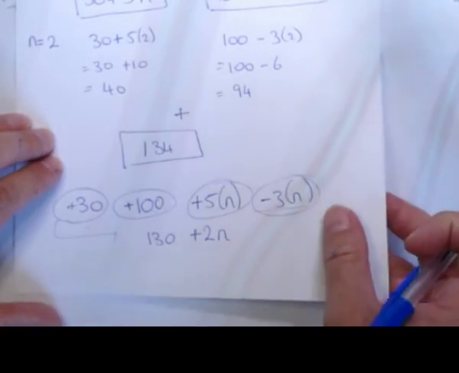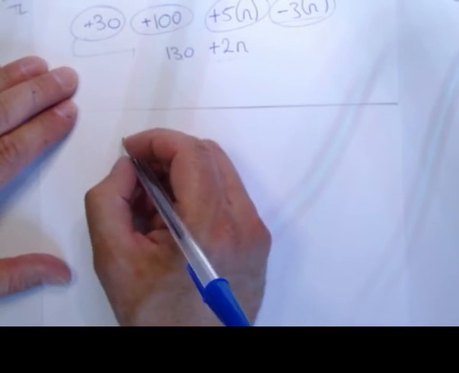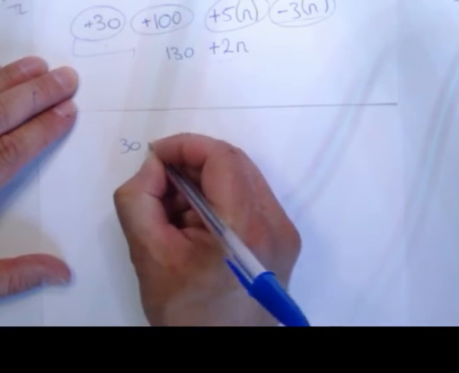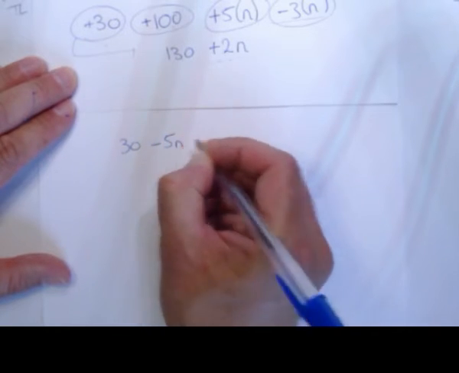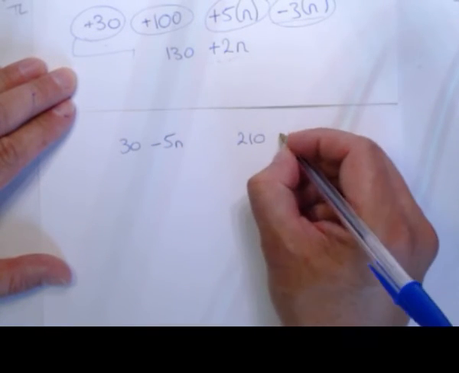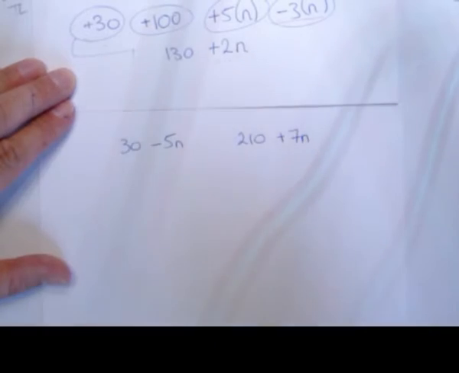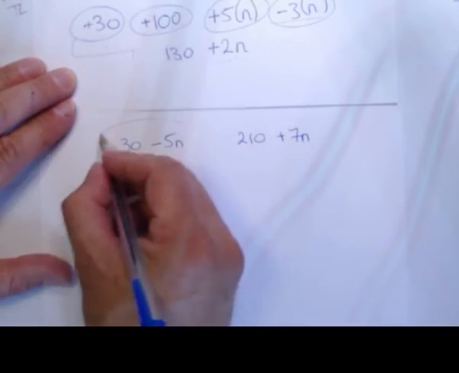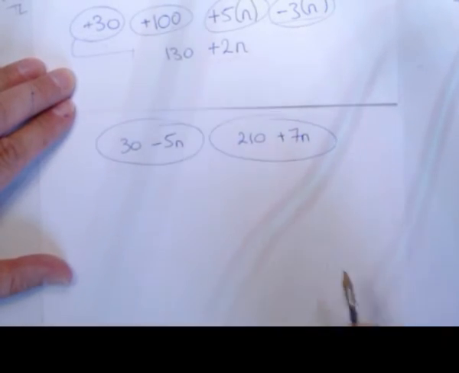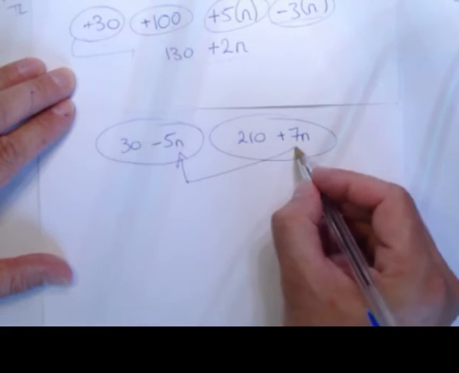Okay, so what we're going to be practicing is just adding formulas together, in exactly the same way. So I'm going to give you a formula like 30 minus 5n, and then 210 plus 7n, and the question is, when I add these two formulae together, what is the result? This has to be the same number as this, by the way.